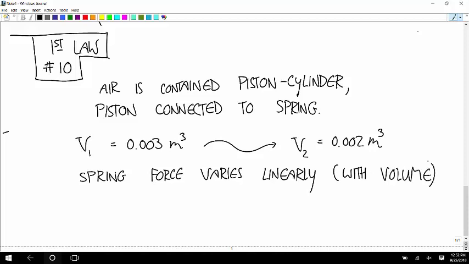That also, by the way, in a piston cylinder system, is the same as what a spring usually does, varying linearly with length, from a spring force of 900 newtons to a spring force of 0.